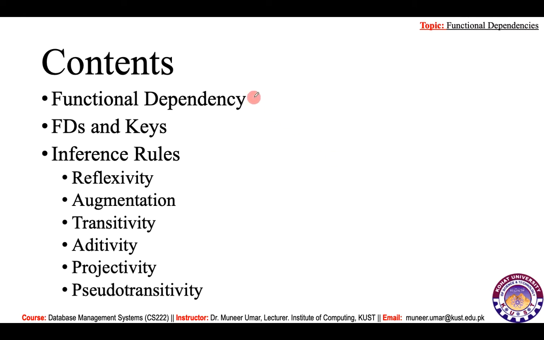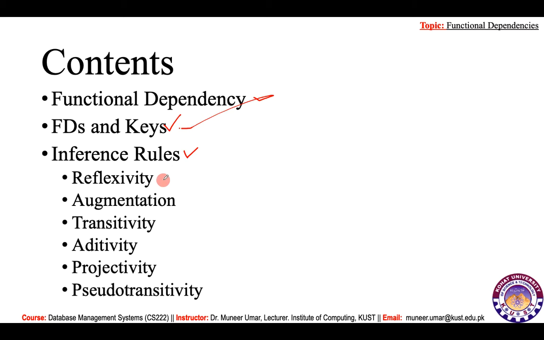First, we will study the functional dependency. Then the functional dependency and keys. After that, we will have a look into some rules associated with these dependencies, and these rules are called inference rules. And inside this topic, we have some types.